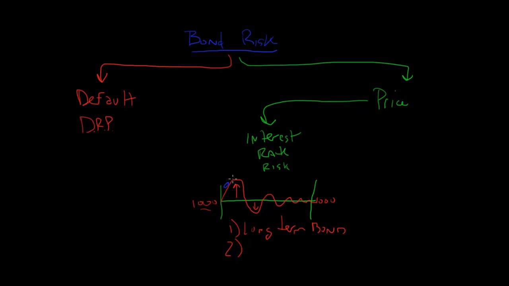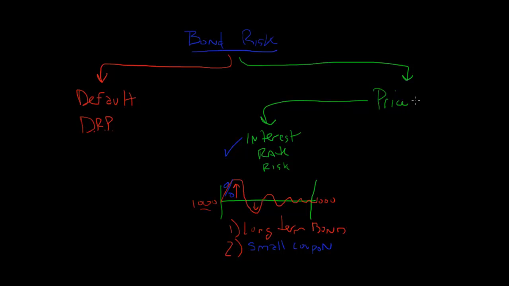There's a coupon here, and the larger it is, the more it can absorb these price changes. So when you have small coupon payments, or even worse, a zero coupon bond, these fluctuations can be very large. So long-term bonds with smaller coupon payments have a higher interest rate risk.